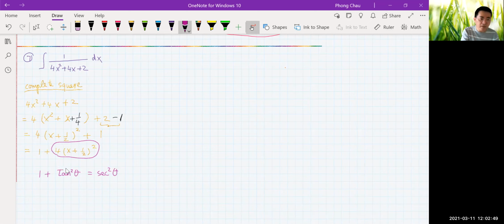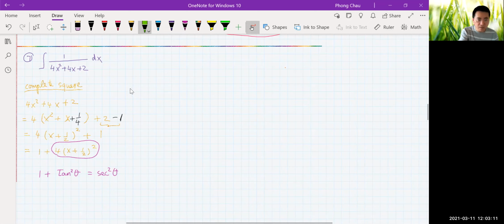So how do we make it work? Well, if this quantity equals tangent squared, then isn't the quantity here, the 2 times x plus 1/2, has to be tangent? You see that?